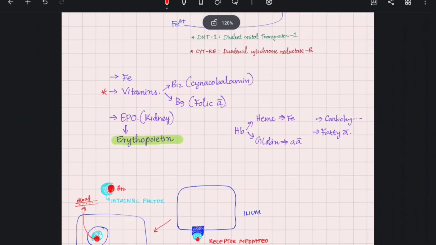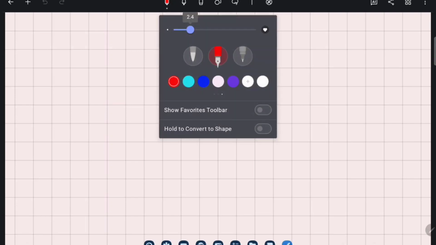Now, before discussing EPO, let's talk about the steps of erythropoiesis, and we can come from there back to EPO, or erythropoietin. In our body, there are certain cells which have the ability to divide and differentiate into any lineage of cells.